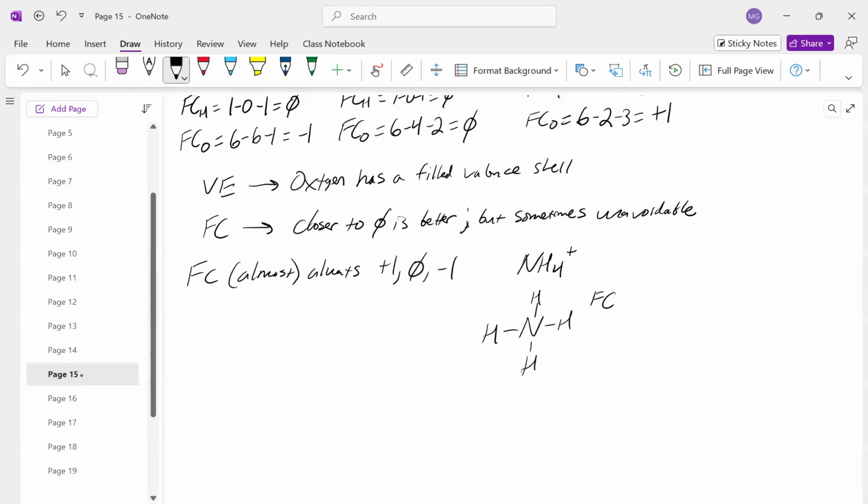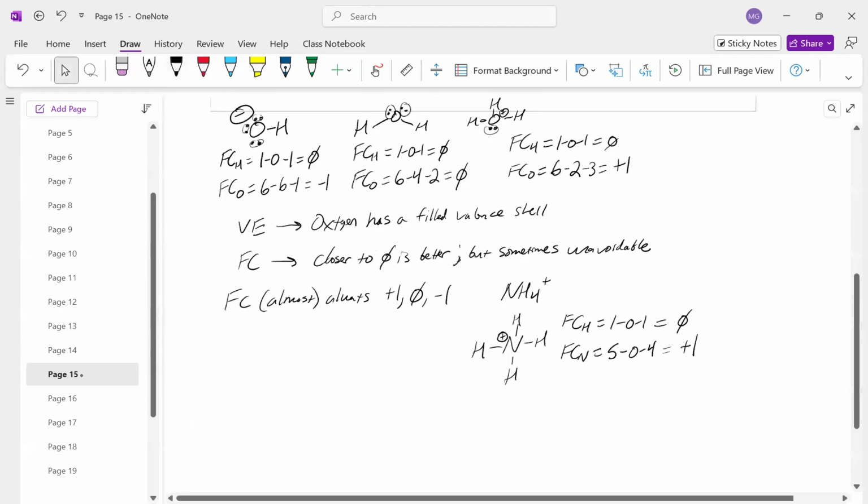And if we calculate the formal charge of hydrogen, that comes out to a value of 0. And for nitrogen, well, nitrogen has 5 valence electrons. Notice there are no lone pairs on nitrogen, and there are 4 bonds around it. So by calculating that, we've determined that the positive charge is on the nitrogen.